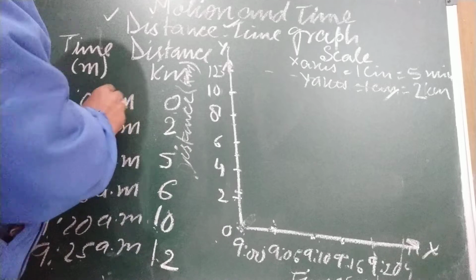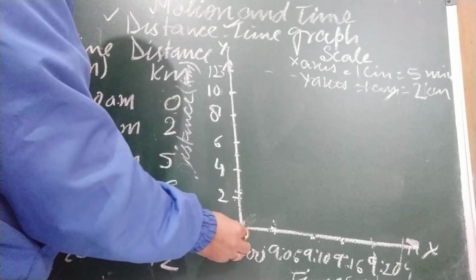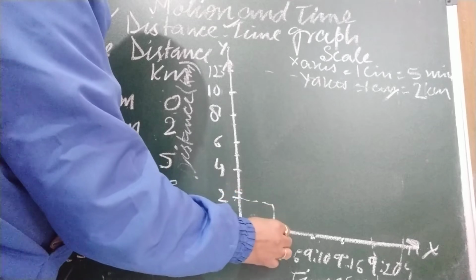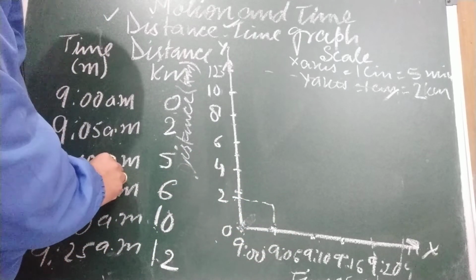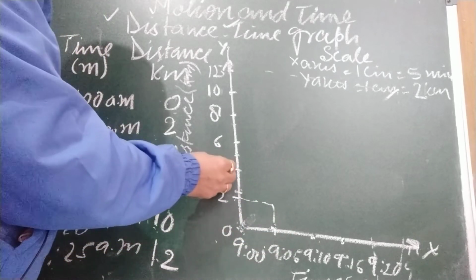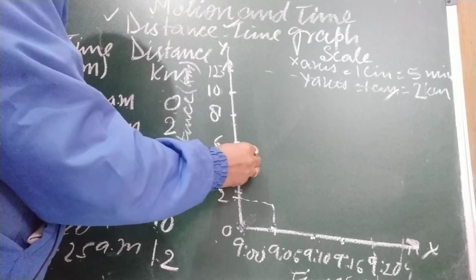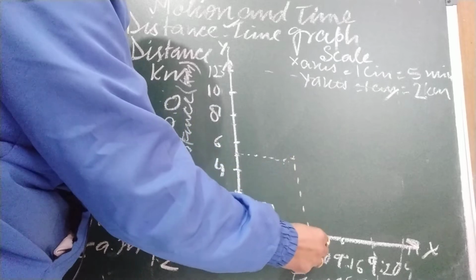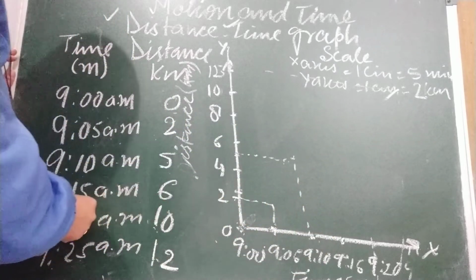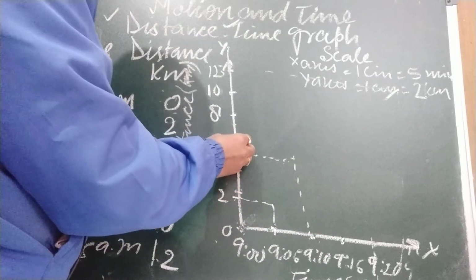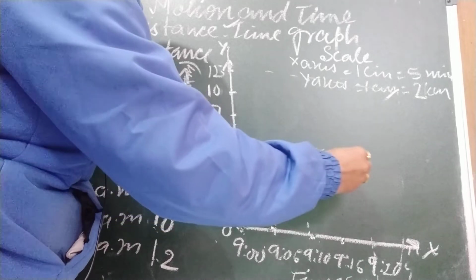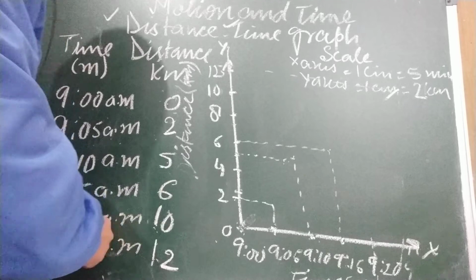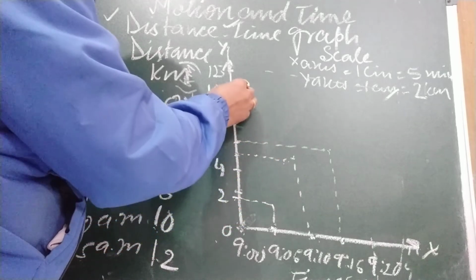Now, at 9 a.m. it is at 0. Fine. At 9:05 it is at 2. At 9:10 it is at 5, between 4 and 6 the 5 is there. And at 9:15 it is at 6. And at 9:20, 10.